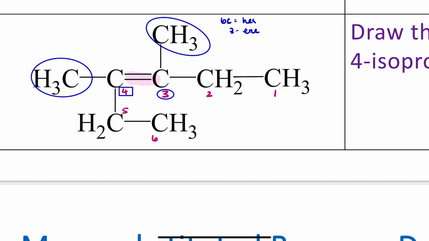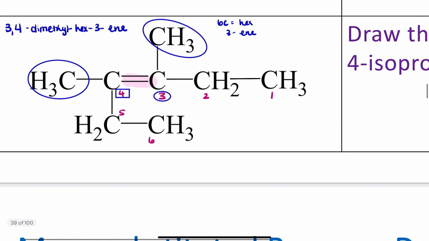So what I'm going to call this is 3,4, emphasizing the 2 different positions, dimethyl, emphasizing I have 2 of them, hex-3-ene. Hex for 6 carbons, my parent chain, 3 for telling me where the double bond is, and ene to tell me it is the double bond that I'm specifying.